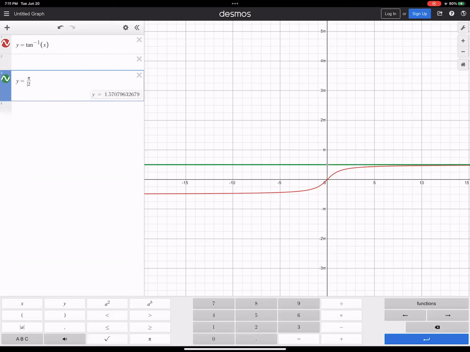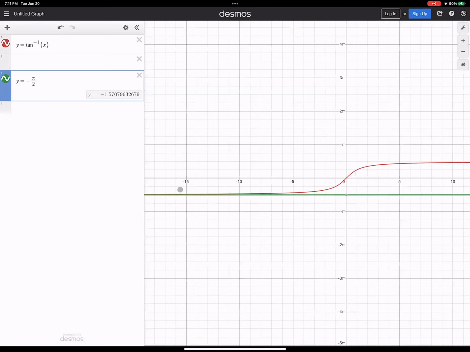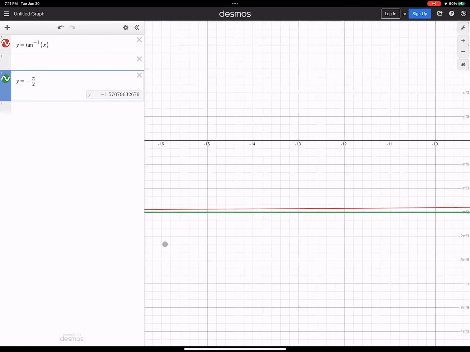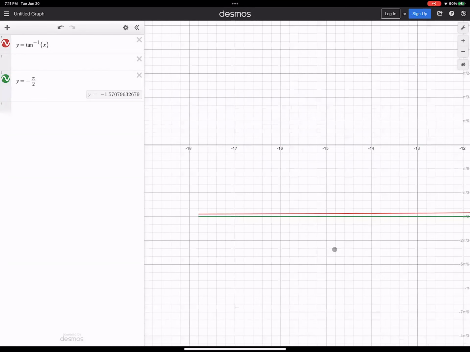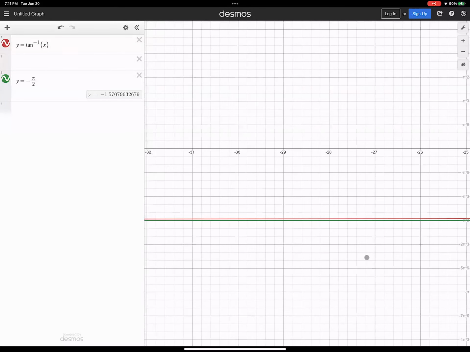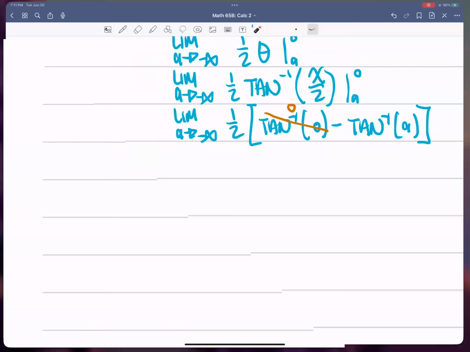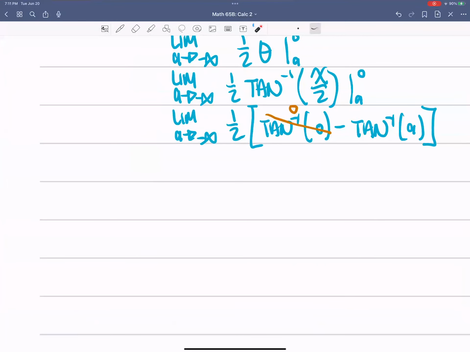Oh, actually negative pi over 2. There we go. So we approach that as we go further and further, but never actually cross it. As we go to negative infinity, the limit approaches that pi over 2 in magnitude.